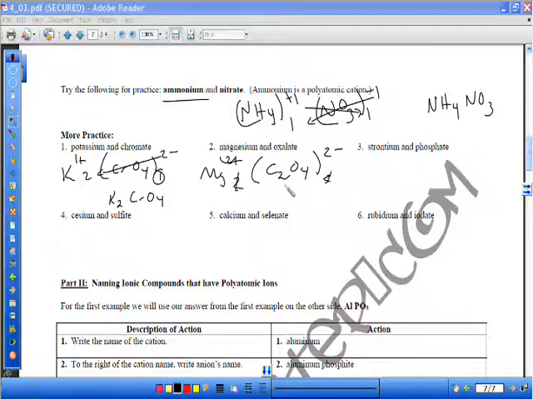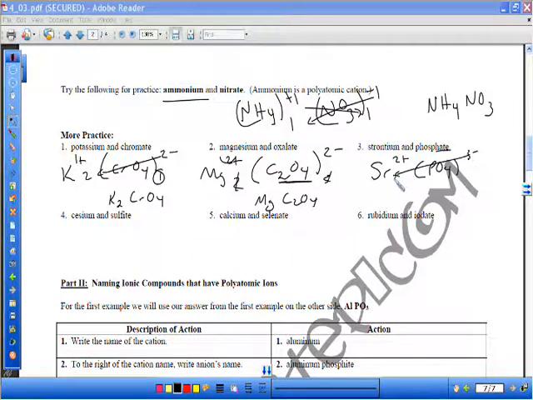And then you can reduce the 2s, so it's going to be MgC2O4. How come I didn't reduce the C2O4? Because that's oxalate. That's the formula for oxalate. I can't touch that formula. I can't change the numbers because then it is not oxalate anymore.